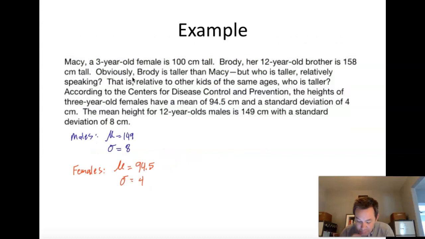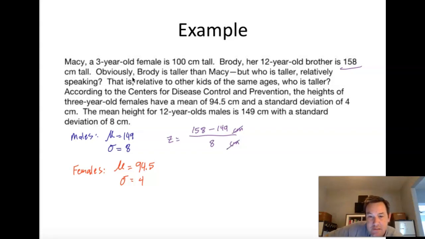So let's go back to that example. So the particular datum of interest for Brody is 158. He's 158 centimeters tall. So his Z-score, to compute that, we would do 158 minus the mean of his data set, which was 149, divided by the standard deviation, which was 8. Now, because the numerator is going to be in units of centimeters and the standard deviation is also in units of centimeters, one thing we see is that Z-scores have no units. That's why they're called standardized.